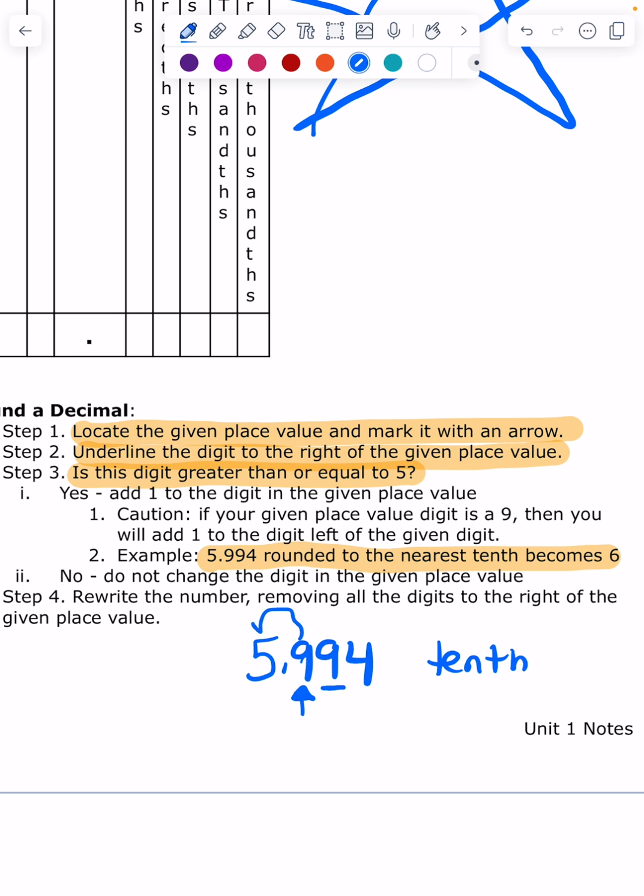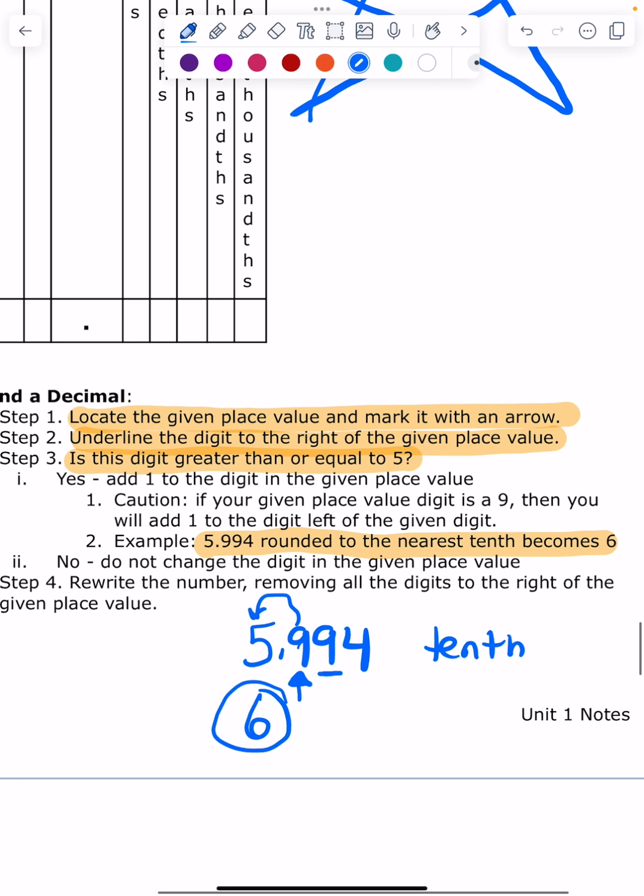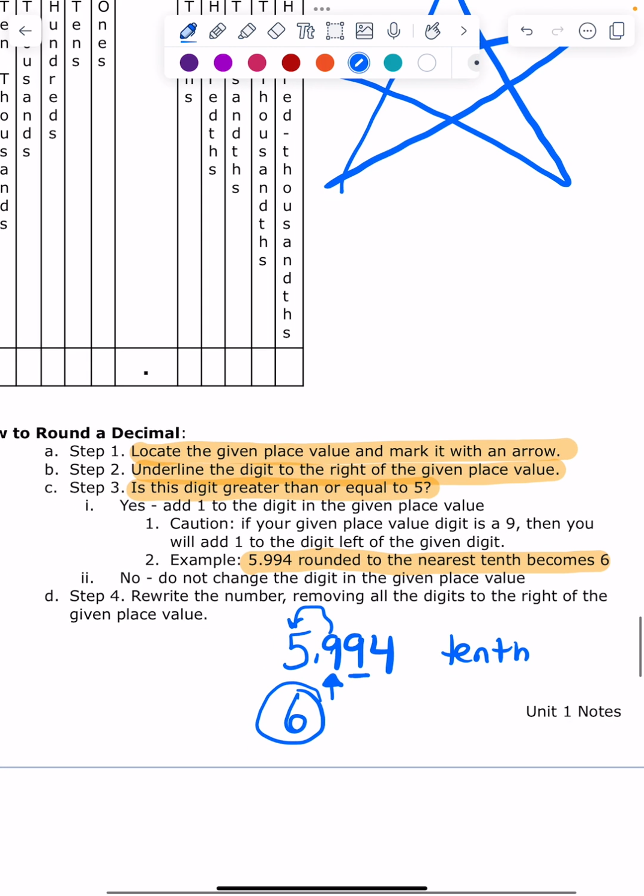So it moves to the 5, and the 5 becomes a 6. So this rounded to the nearest tenth is actually just 6. That takes some getting used to, I know. And of course, if it's not 5 or more, then you just drop those digits and you don't bump the number up. So it's kind of easier if it's not 5 or more.